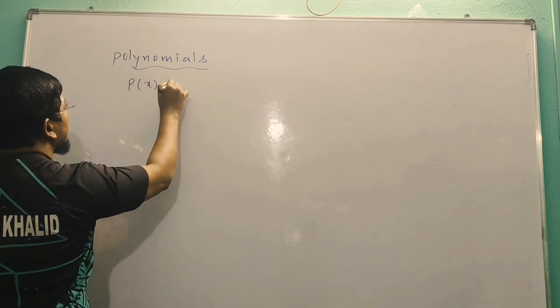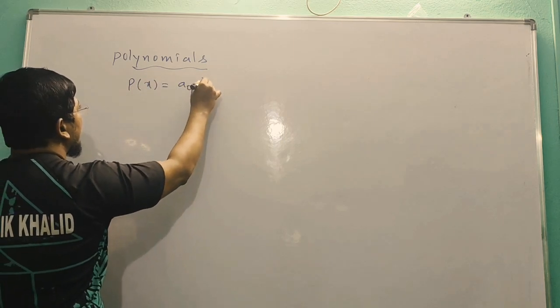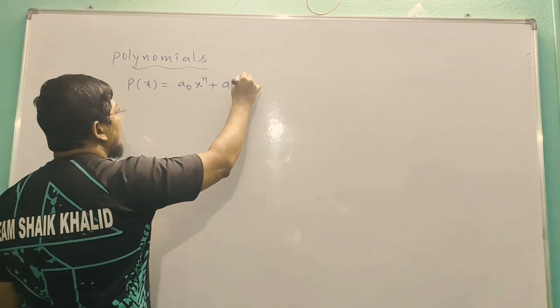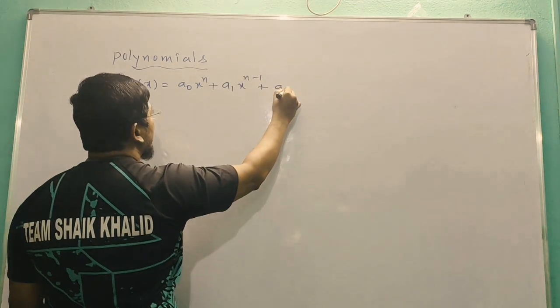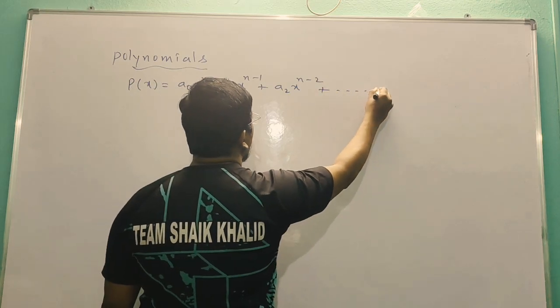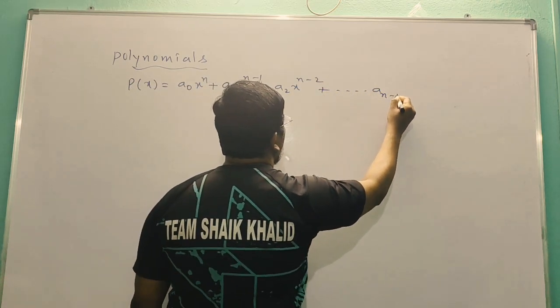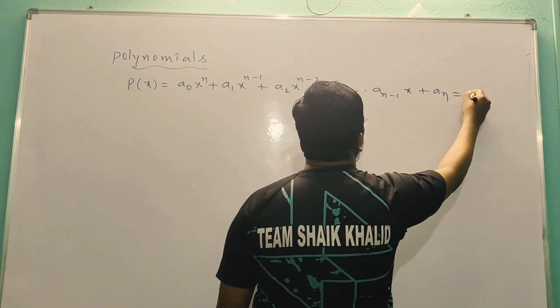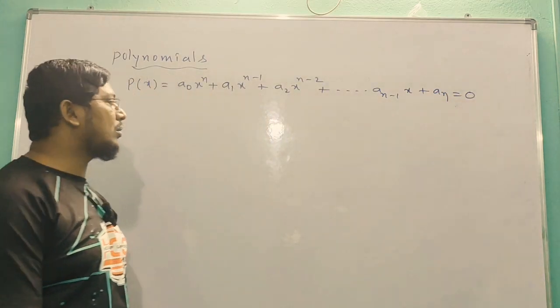Suppose p of x is equal to a naught x power n plus a1 x power n minus 1 plus a2 x power n minus 2 plus so on to a n minus 1 x plus an is equal to 0.